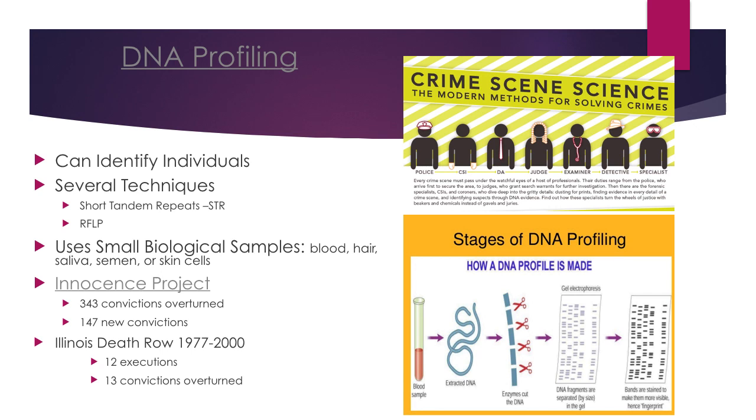In particular, we can use probes for regions called short tandem repeats when we're trying to identify individual people. We could also use what are called restriction fragment length polymorphisms. These are just looking at variable regions of DNA, and you can identify individuals really exactly. And you can do this from incredibly small biological samples: from blood, hair, saliva, semen, even individual skin cells.